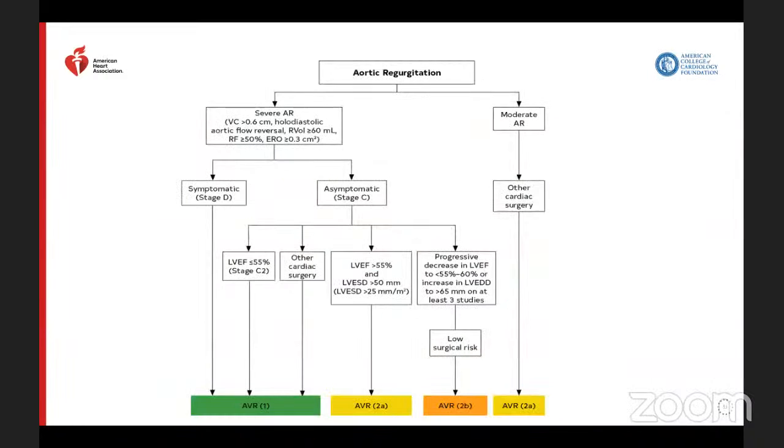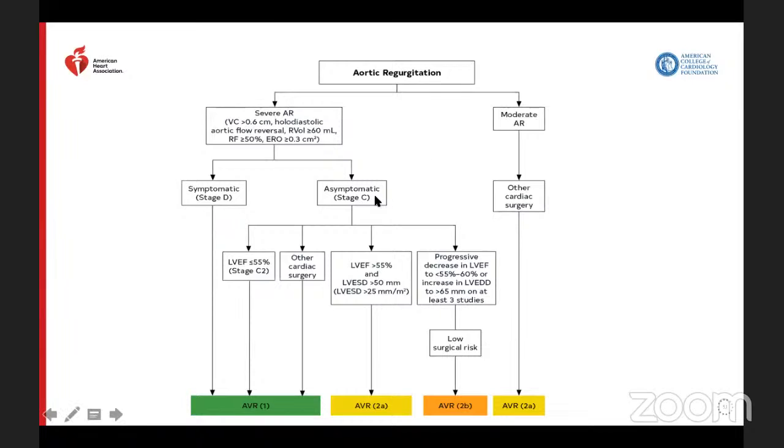So in summary, a patient with severe aortic regurgitation who is symptomatic and stage D goes for AVR, it's a class 1. A patient who's asymptomatic, stage C, with ejection fraction of less than 55%, stage C2, goes for AVR, it's a class 1.